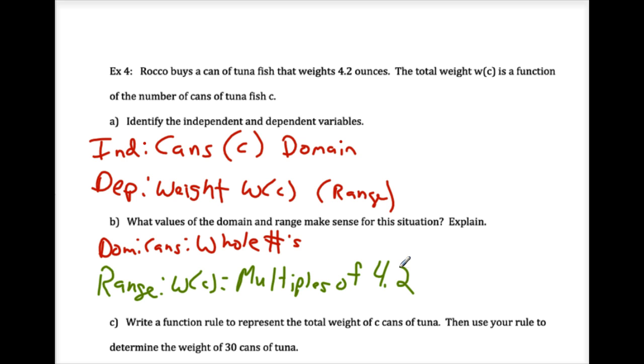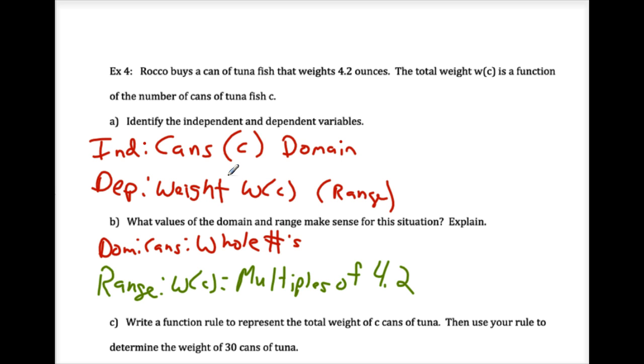It's going to be 4.2, 8.4, 12.6, 16.8, 21. Wouldn't it be 21 with 5 cans? I think eventually it does work out. But the weight is always going to be multiples of 4.2.